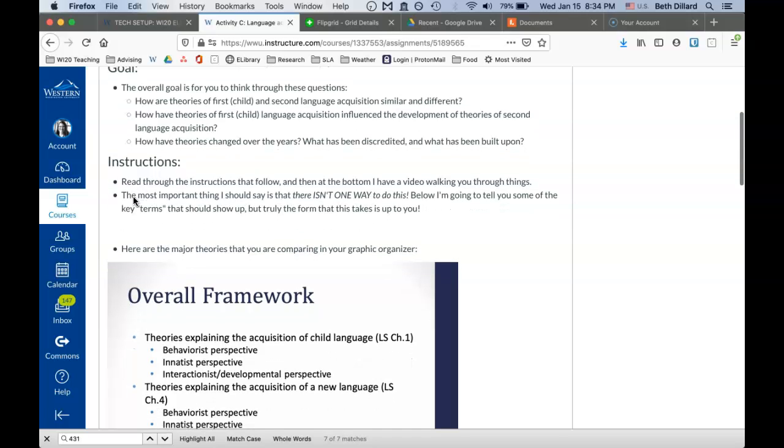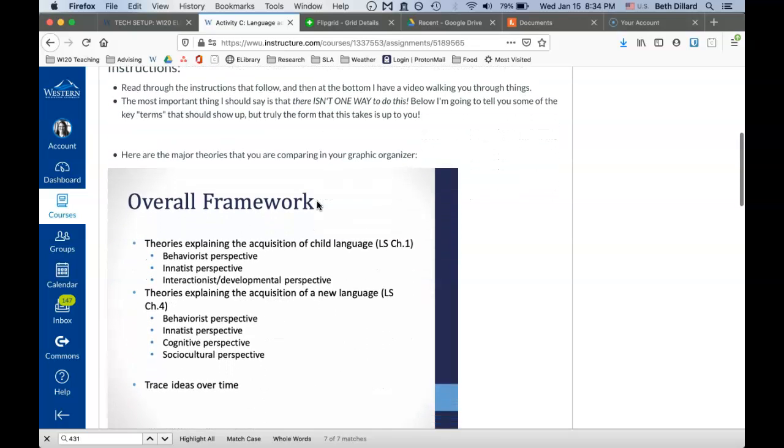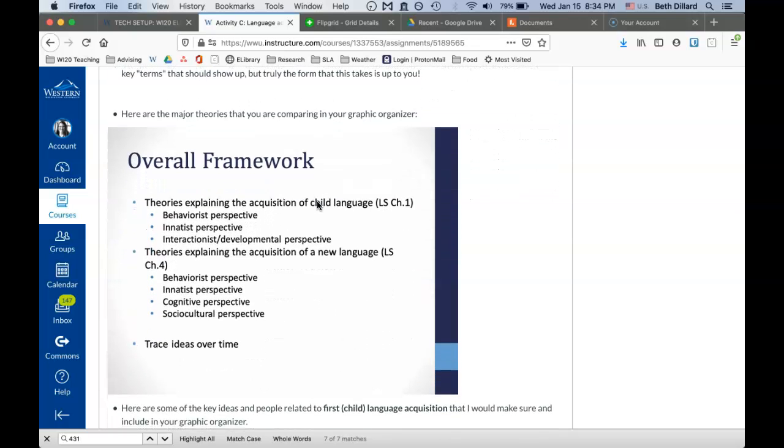So I want to reiterate, there isn't one way to do this. There's lots of ways. It's a flexible tool, and I don't have in mind one way that it needs to look, okay? What I am looking for is that you explore those questions by comparing these different theories.